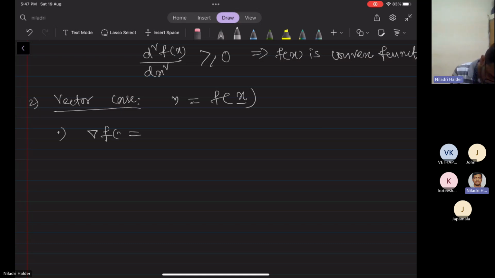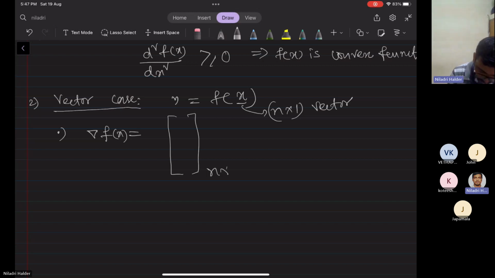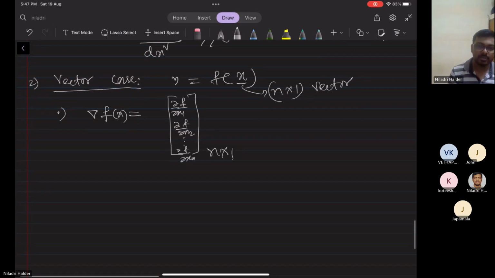This is an n cross 1 vector, and we differentiate f with respect to each element in x, that means del f by del x1, then del f by del x2. This is the gradient.